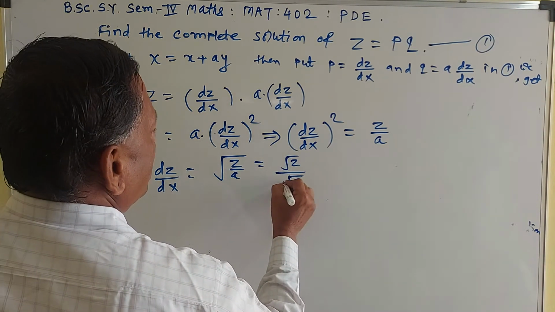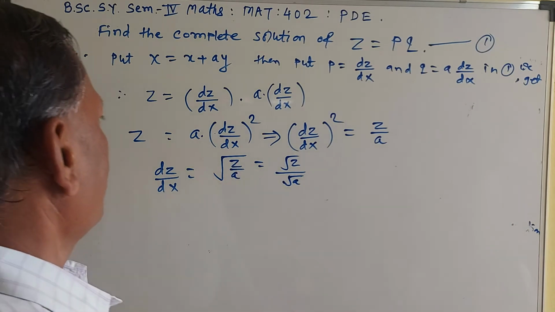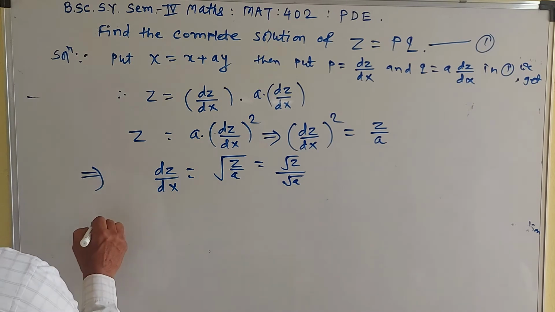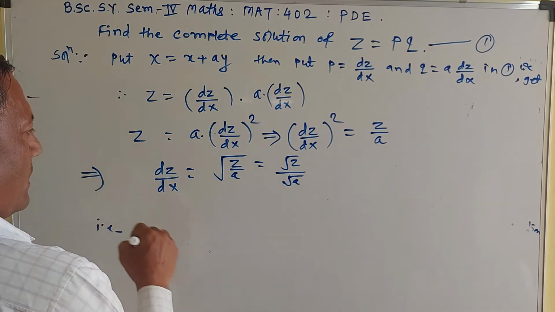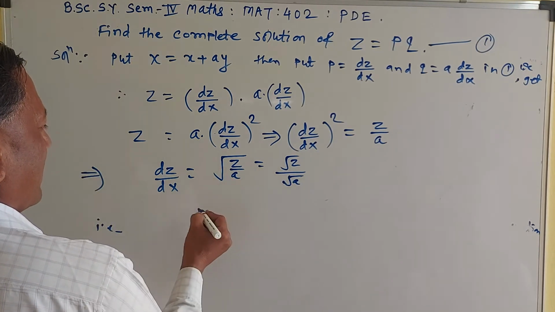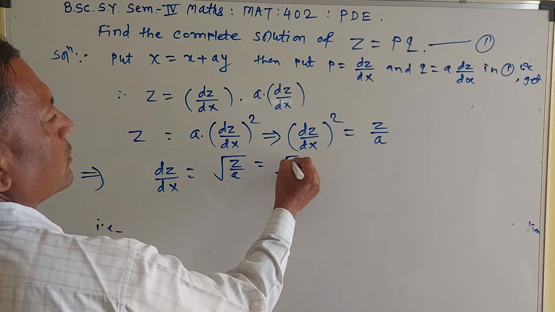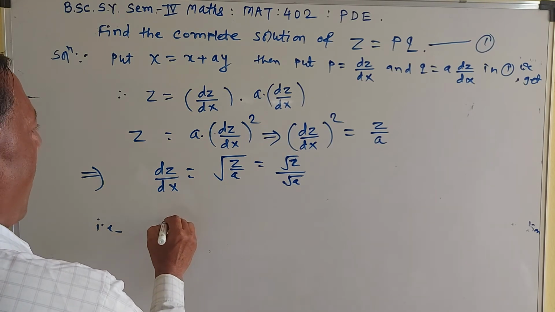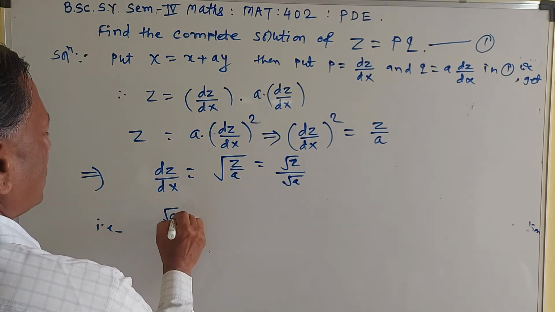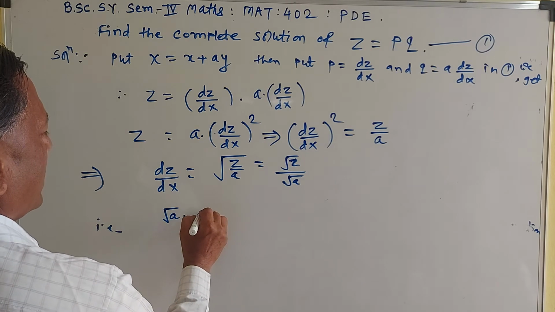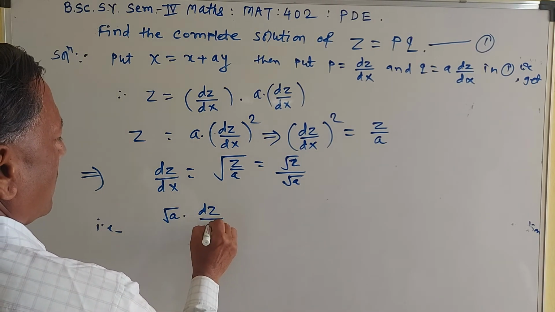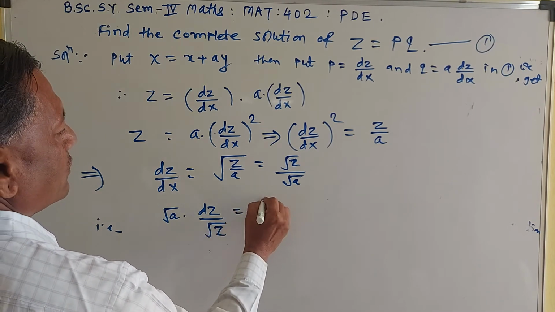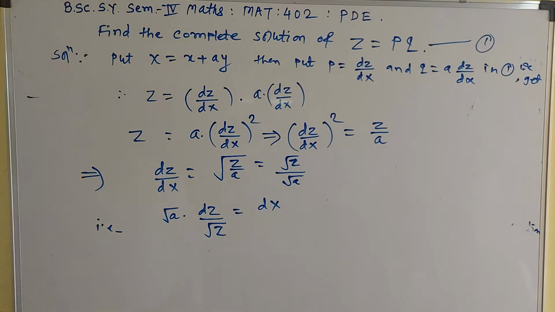You know the properties of this. Root z upon root a. Again this can be written as dz by dX is equal to root z upon root a, which can be written as root a into dz upon root z, by cross multiplication, is equal to dX.